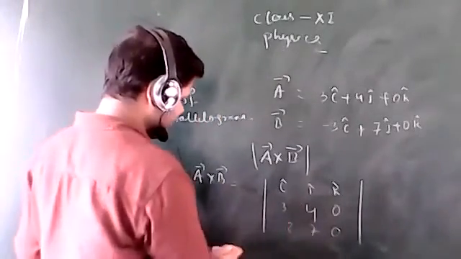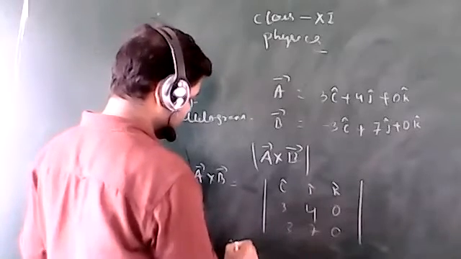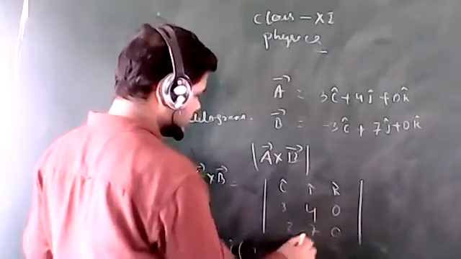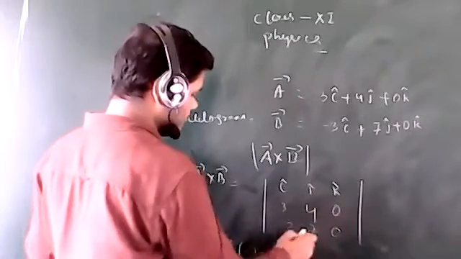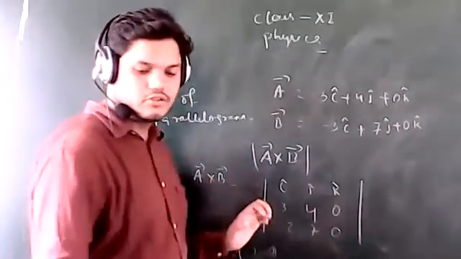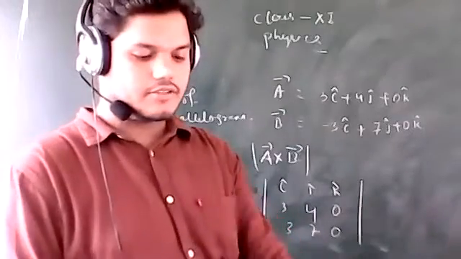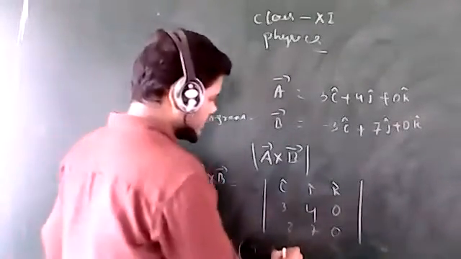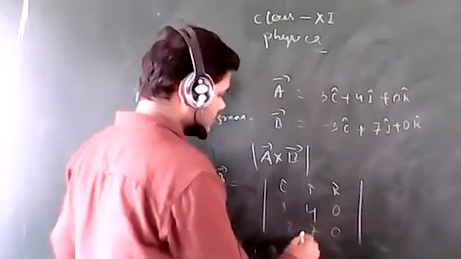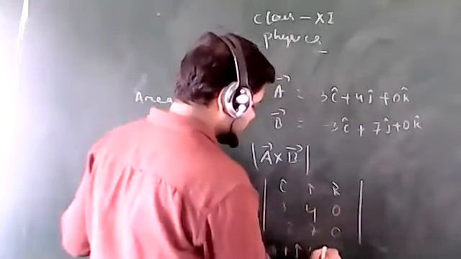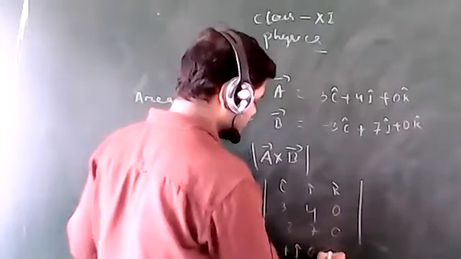I cap into 4 into 0, that means 0, minus 0 into 7, that means 0. So I cap into 0. Minus J cap into 0 into 3 minus 3 into 0, also 0.